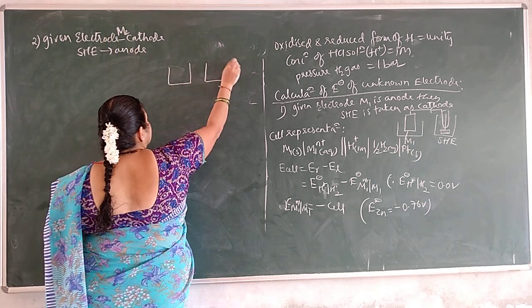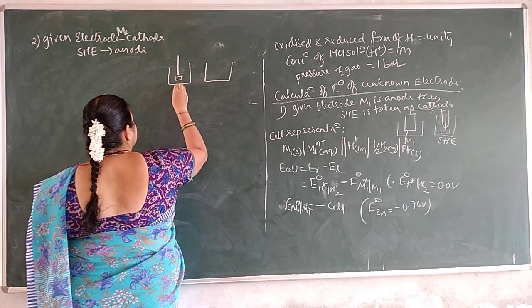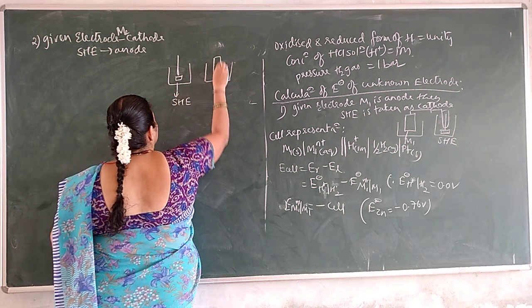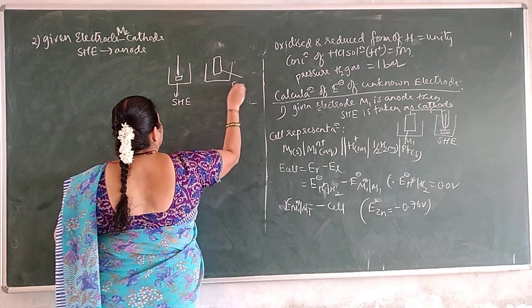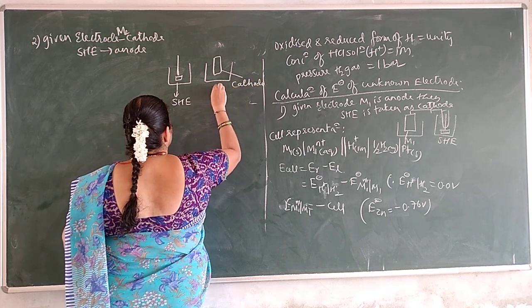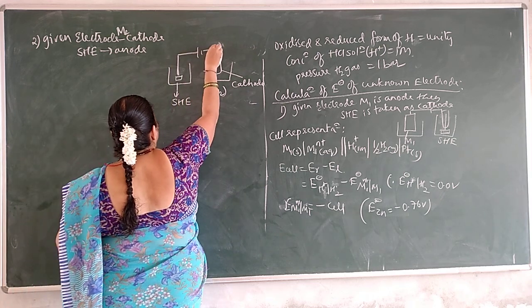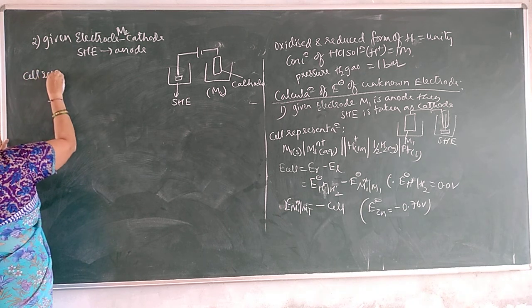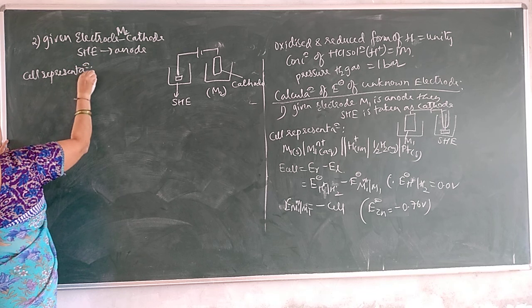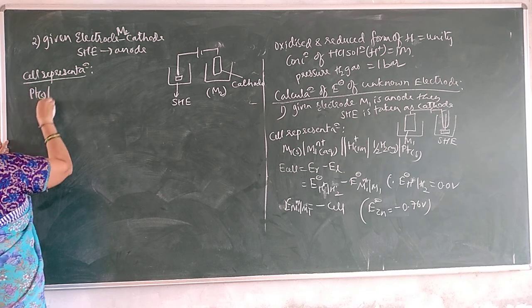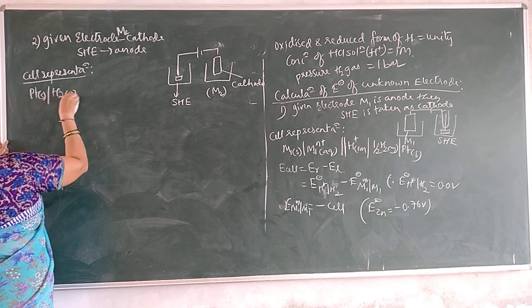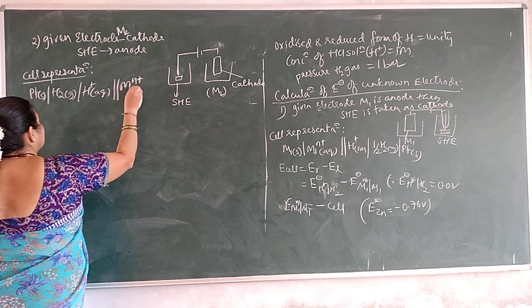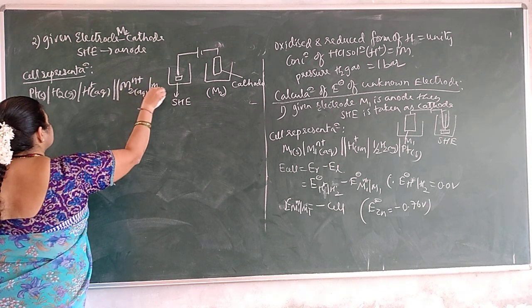So set up the cell with the standard hydrogen electrode at the anode and M2 at the cathode, and connect the cell by the external circuit. In this case the cell representation can be written as Pt (s) | H2 (g) | H+ (aq) || M2^n+ (aq) | M2 (s).